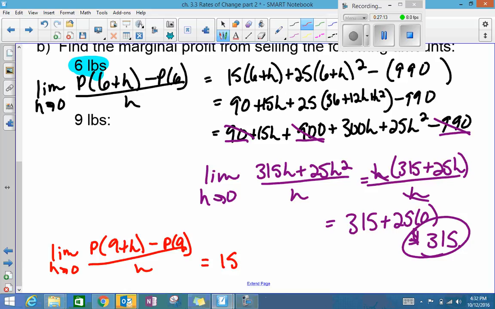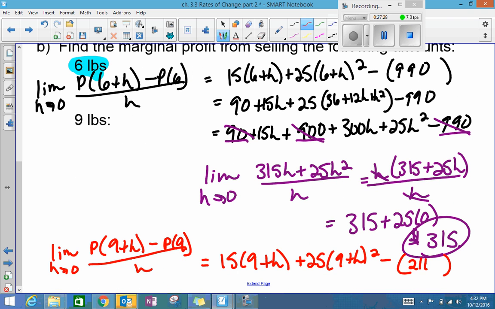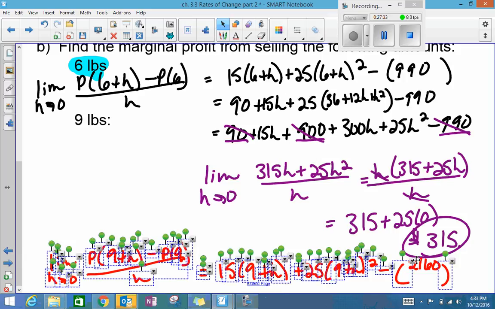So we get 15 times (9 plus h) plus 25 times (9 plus h) squared minus, and again, we know P of 9 from above is 2160.